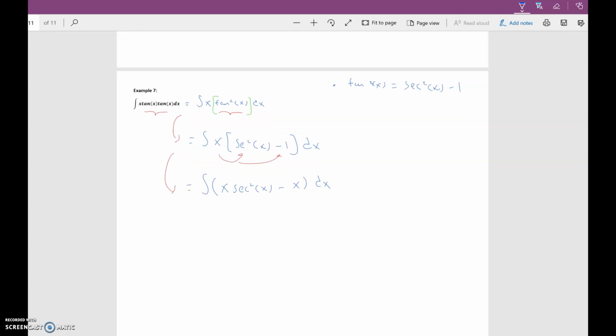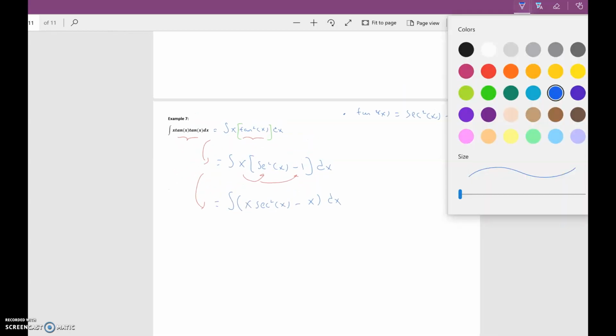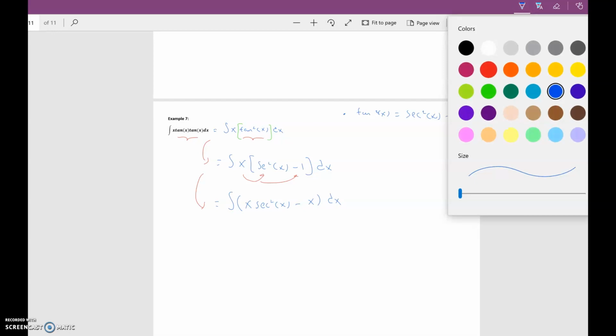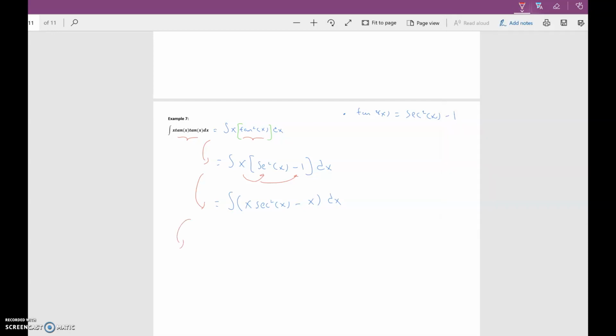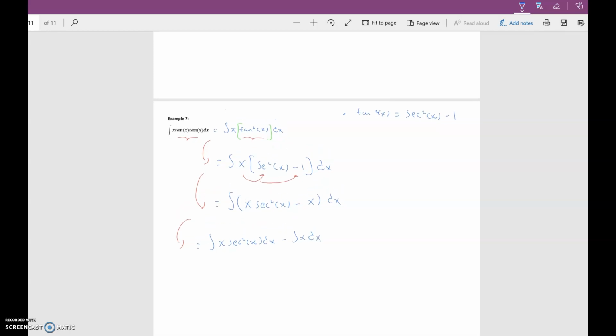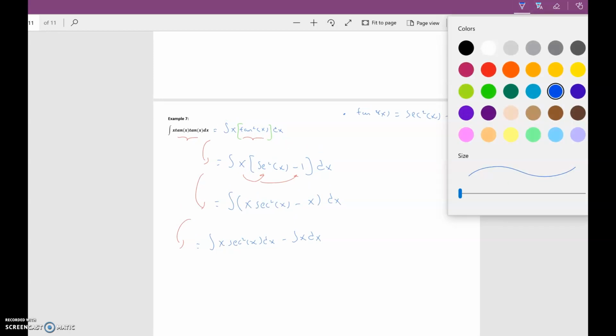And for this particular one, it's probably best to separate it and treat it as a total of two separate integrals. So let me just rewrite it. We're going to be looking at the integral of x secant squared of x dx minus the integral of x dx. And we're just going to be adding a single constant for the final constant of integration.